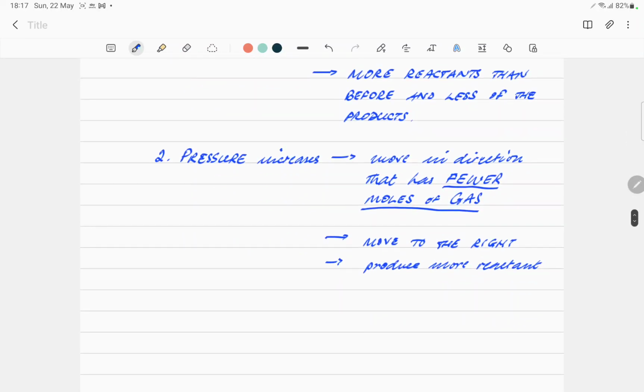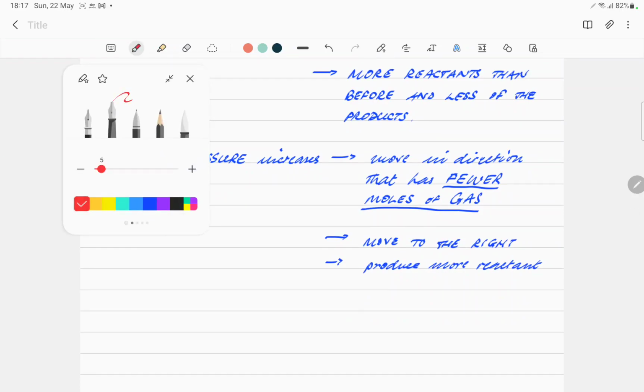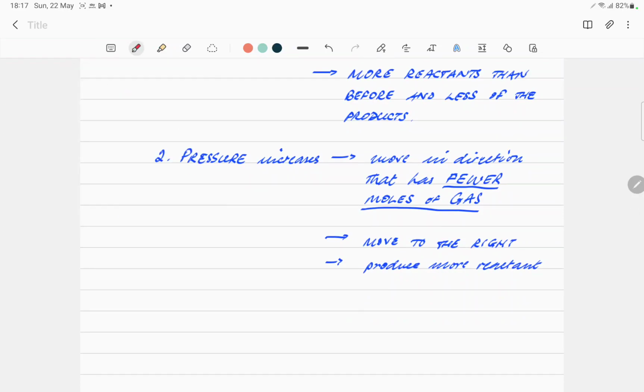So again, reiterating that, if the pressure increases, the equilibrium moves towards the side with fewer gaseous moles.